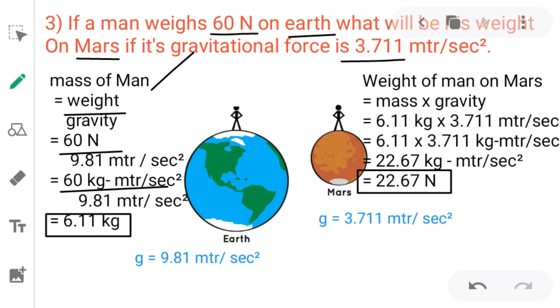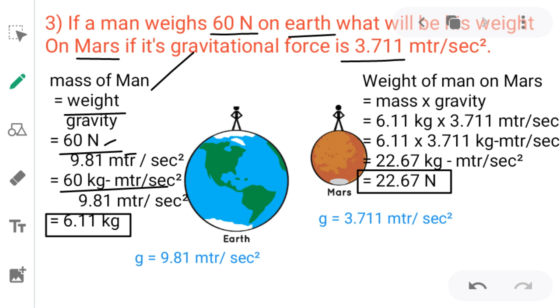So let's find the mass of the man. Mass of man is equal to weight by gravity. Gravity of Earth we have to take here because the weight of man is given on Earth. Weight is 60 Newton, gravity is 9.81 meter per second square.